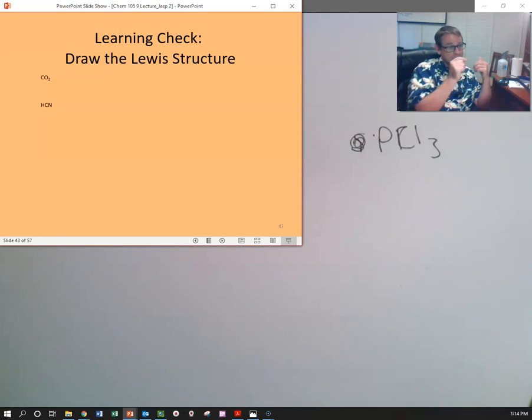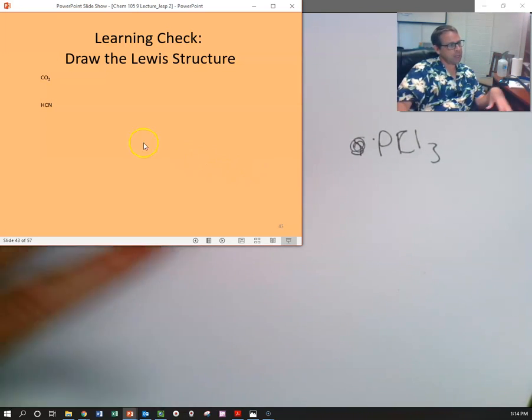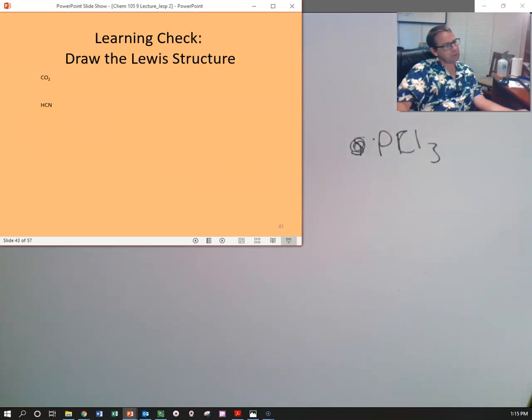You can erase it, but it's not worth it. You can just write right on top of that, and then you can work on the Lewis dot structure for this right on that screen. I'll come into the groups and try to help you if you're having trouble. You should be able to write the actual Lewis dot structure onto that screen. Here we go. We're going to go into our breakout rooms now and draw PCl3.